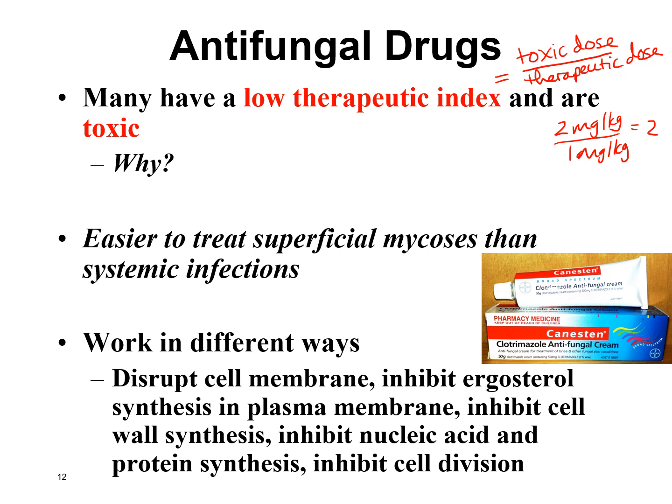So the reason that we've got a low therapeutic index with these antifungal drugs, why the toxic dose is pretty close to the therapeutic dose, is because fungi are eukaryotic cells like our cells.